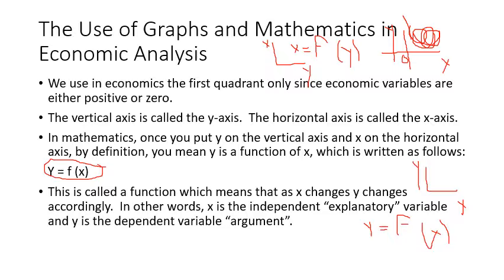Remember here in this function, I am measuring y vertically and x horizontally. And that's y is a function of x. It does not mean that x causes y. مش معنى ان انا كاتب ان y is a function of x, it means that x causes y, يعني x بتسبب y.